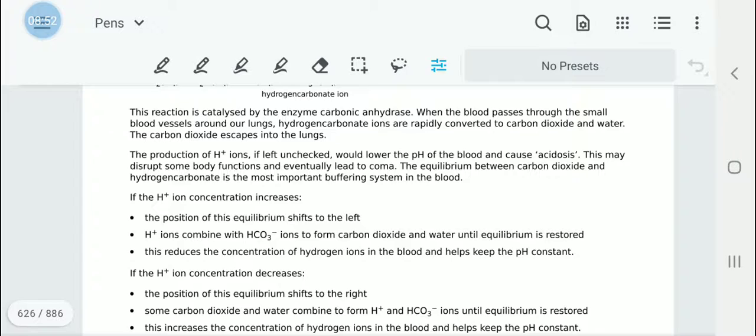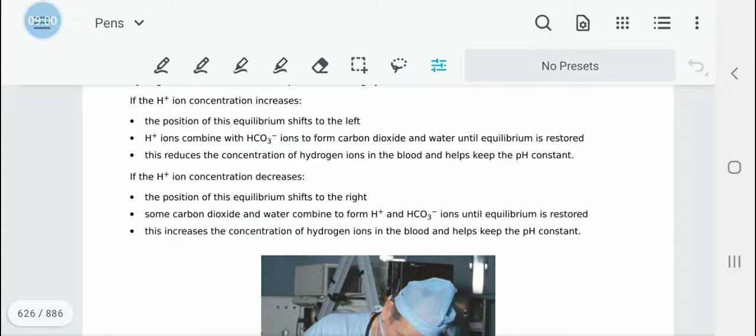So the equilibrium between carbon dioxide and hydrogen carbonate is a very important buffering system in the blood. When H plus ion concentrations increase, the position of the equilibrium will shift to the left. As a result, more H plus ions will combine with HCO3 minus ions to form carbon dioxide and water until equilibrium is restored.